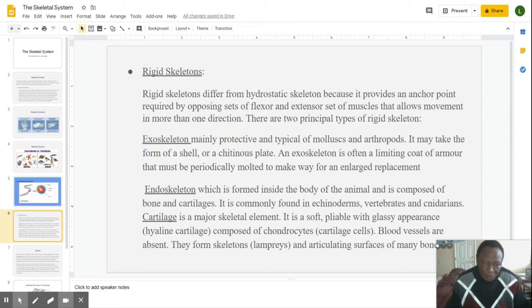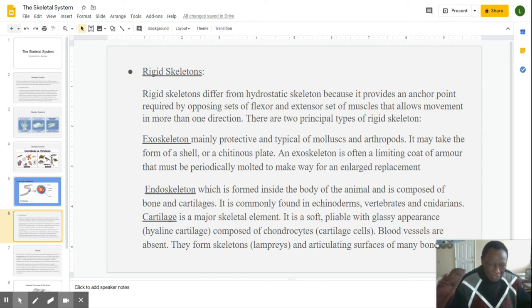This type of exoskeleton is limiting because it controls the growth of the animal. For the animal to grow bigger in size, it has to periodically shed this coat of exoskeleton by molting to make way for an enlarged replacement. The next one is endoskeleton.